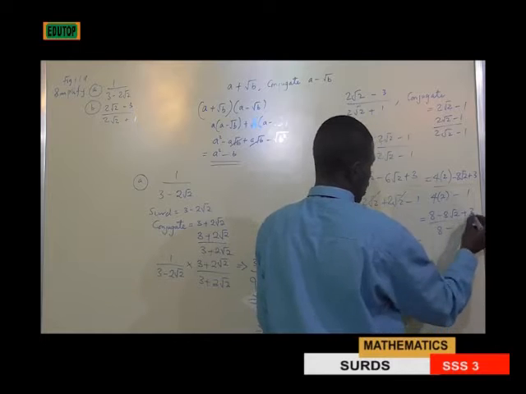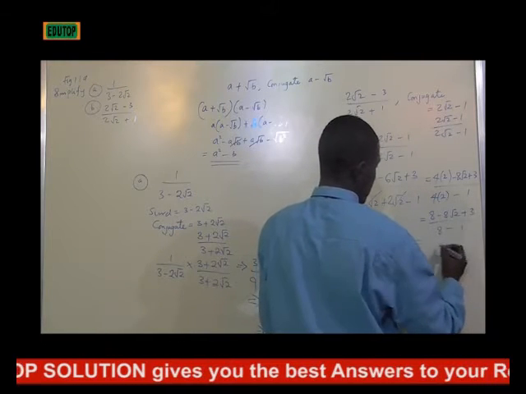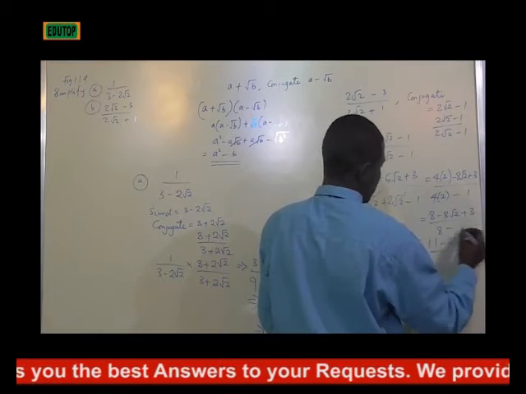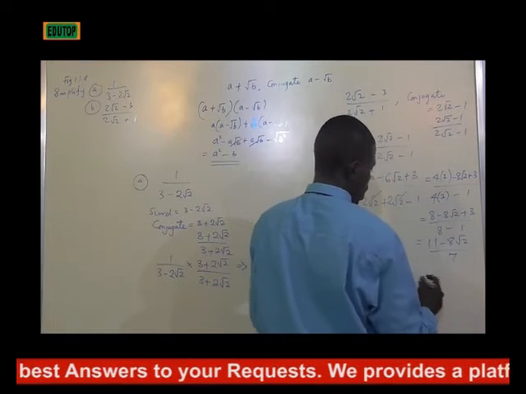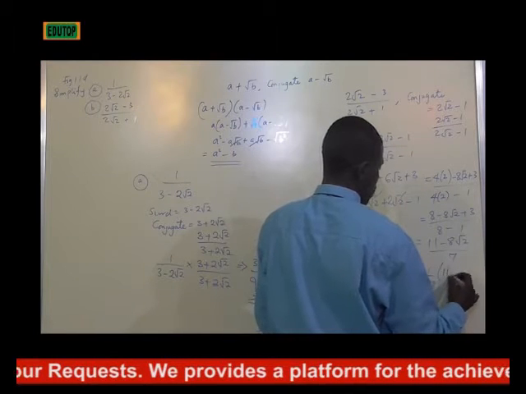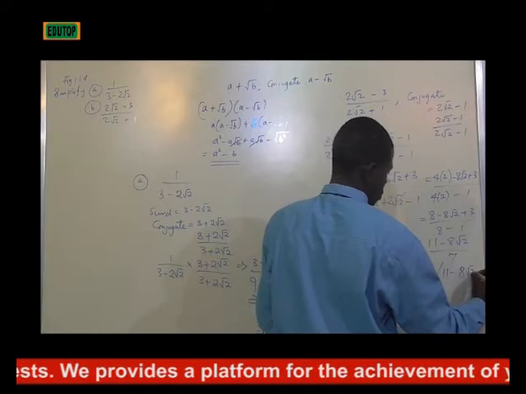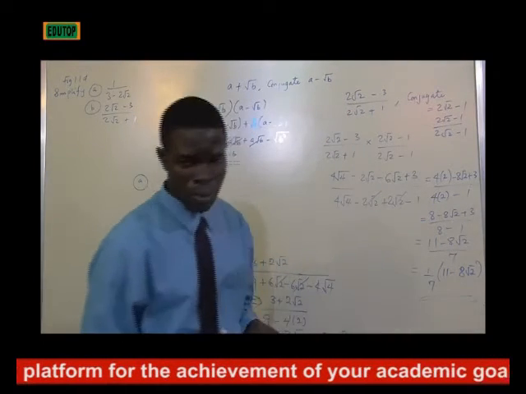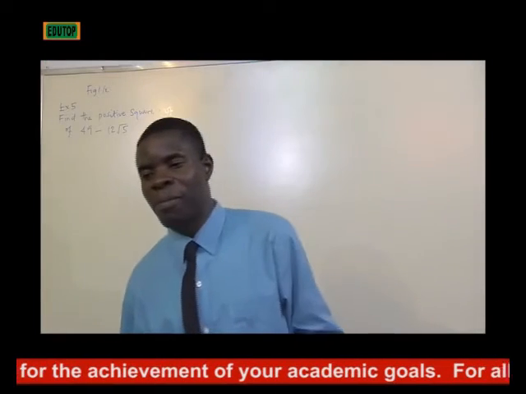So that will give us 8 plus 3, 11 minus 8 root 2, and this one will give us 8 minus 1, 7. So this is what we're going to have, which can be written as 1 over 7 into 11 minus 8 root 2. And that is our answer.